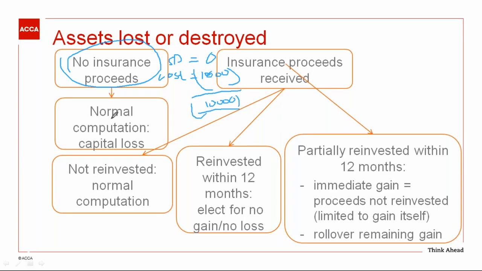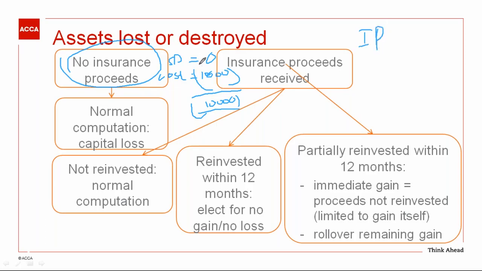But if the asset is insured, and if you receive insurance proceeds, then insurance proceeds received should be considered as sales proceeds. So sales proceeds will be your insurance proceeds.